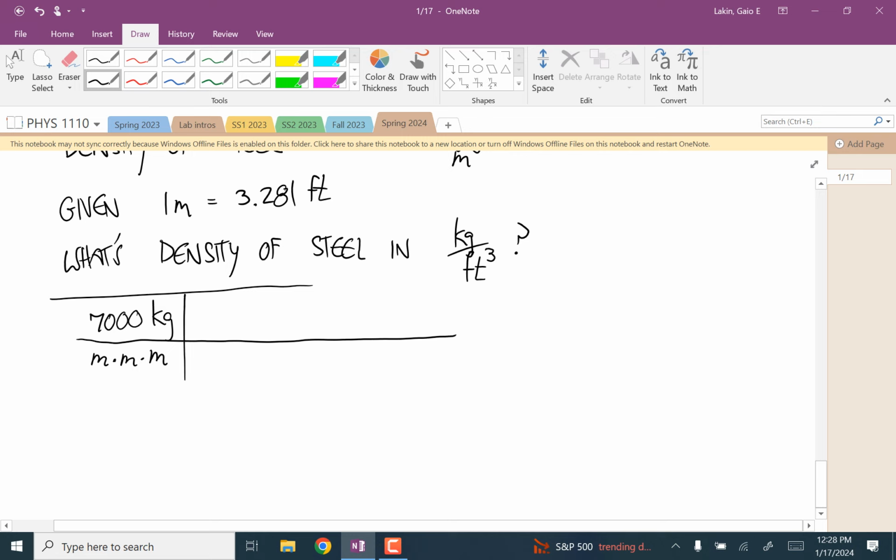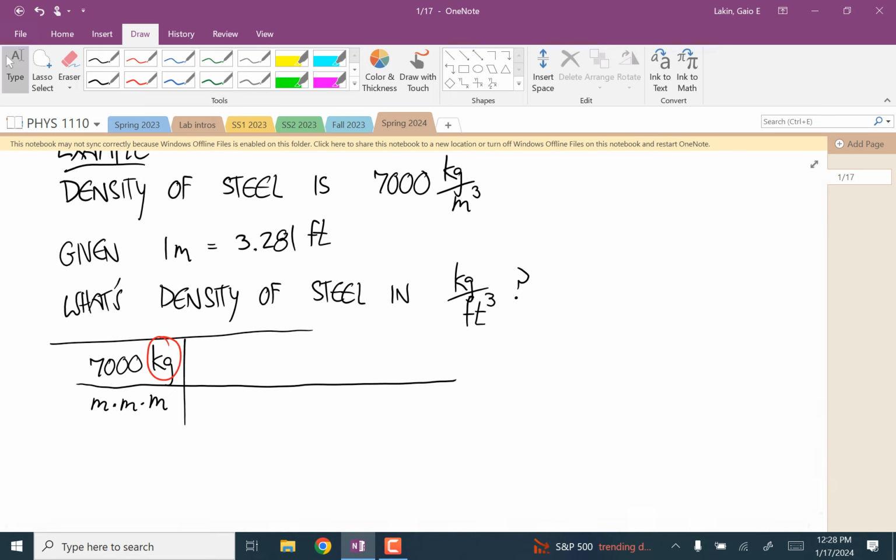The kilograms are already the units that we want for mass, so the only thing that we have to change is the units of length. The kilograms we can leave alone, and then we'll just go to converting the meters. These meters are all in the denominator, which means we want to multiply by a conversion factor where the meters are in the numerator.